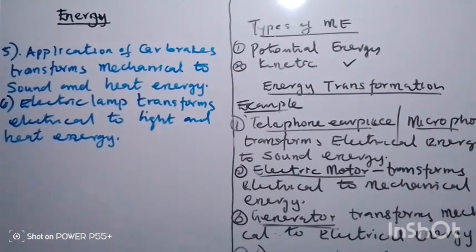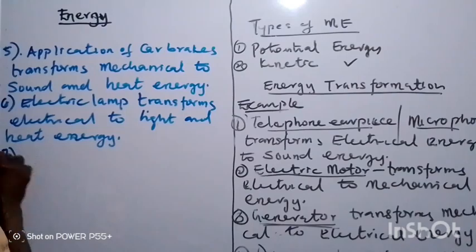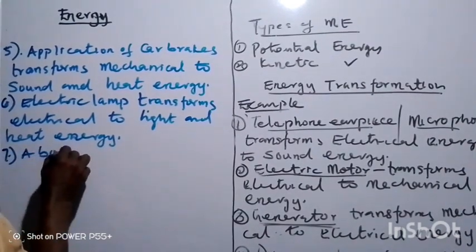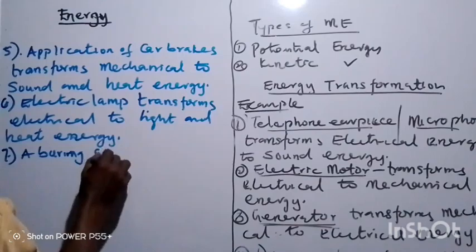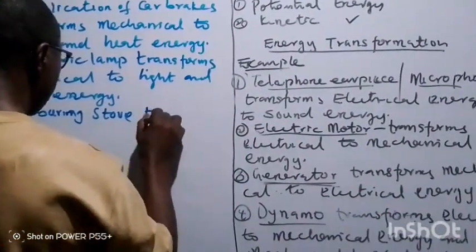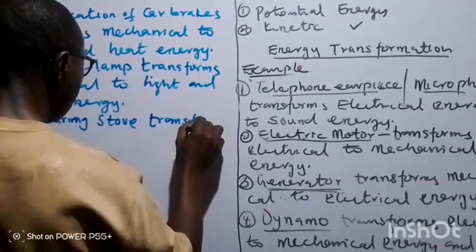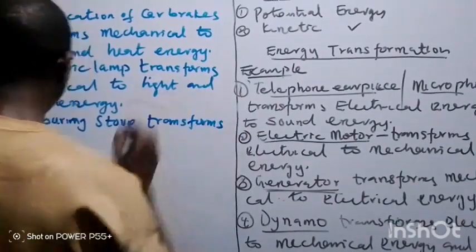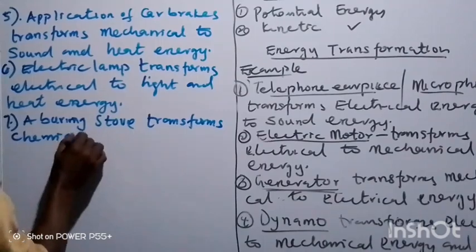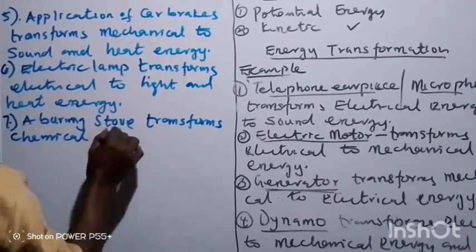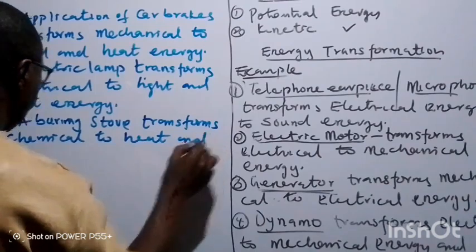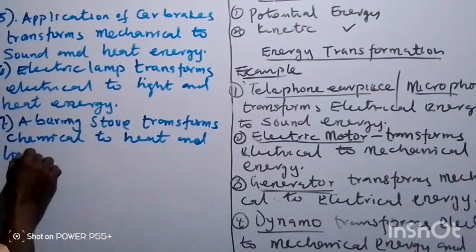7. A burning stove. Burning stove transforms chemical energy to heat, light energy.